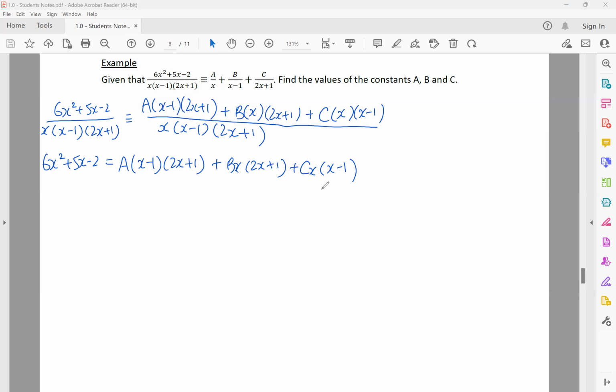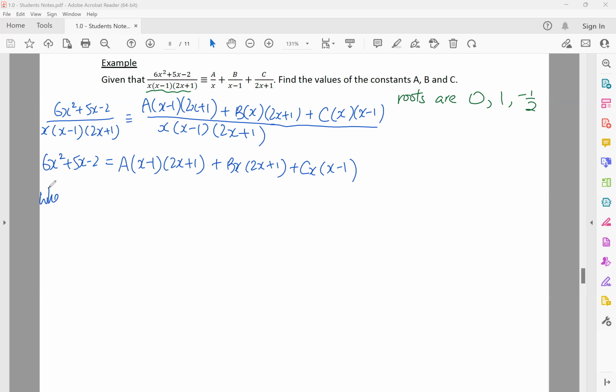Next step, what are the roots? Based on the denominator, can you tell me the roots? So the roots are 0, 1, and minus a half. You're going to put them in one by one.